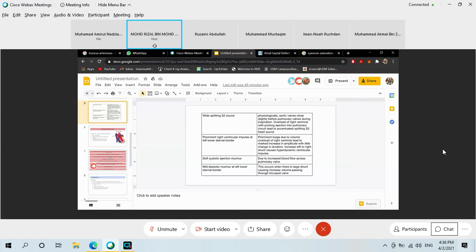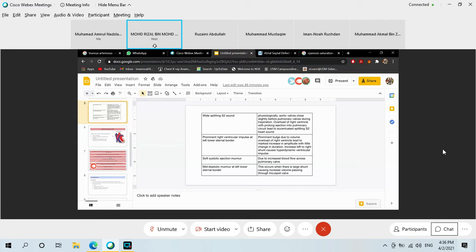Okay. Even kat sini pun tulis dalam nota you ni dalam kotak ni, kalau you baca carefully, soft systolic ejection murmur due to increased blood flow across the pulmonary valve. So dia mimic macam pulmonary stenosis, what we call the relative pulmonary stenosis. Anatomically is normal size but because increased volume, so dia behave macam pulmonary stenosis. Okay.